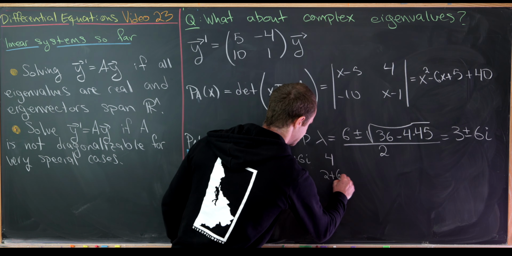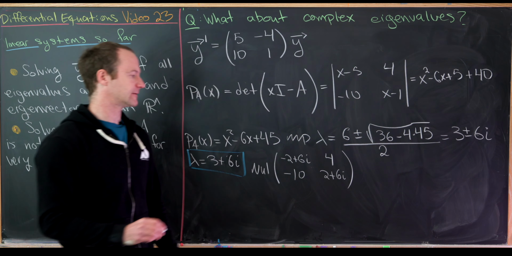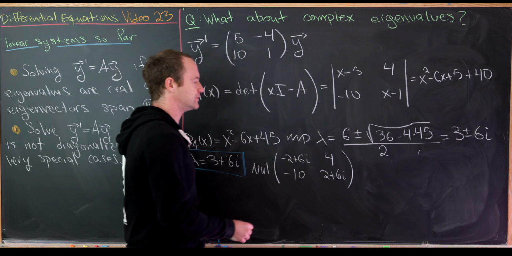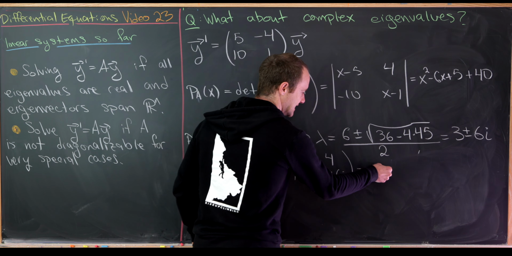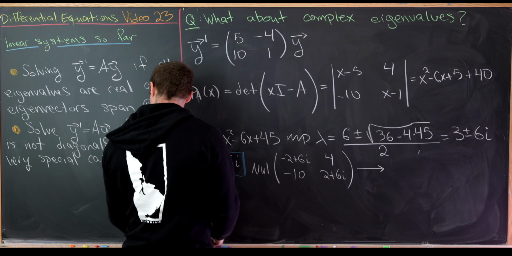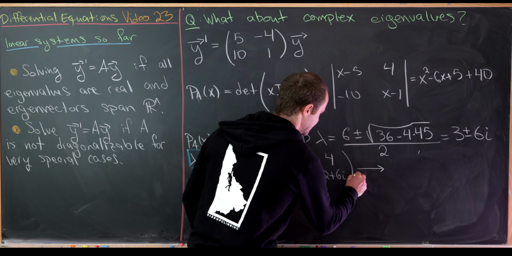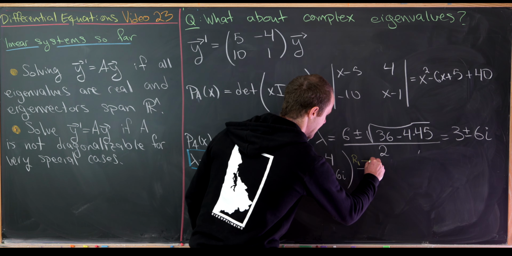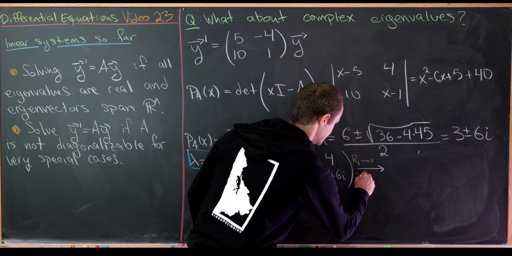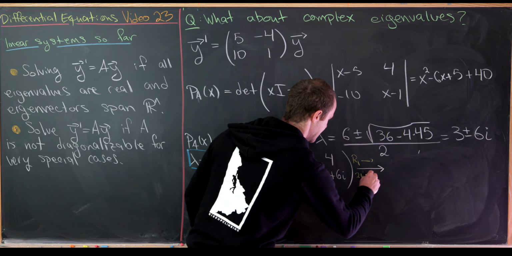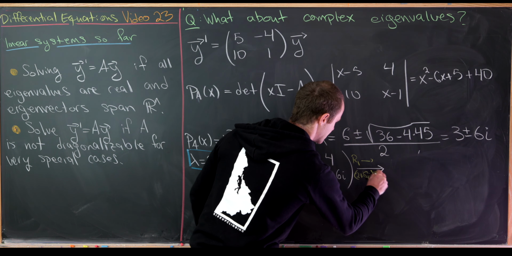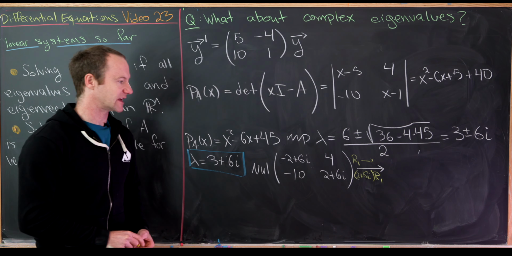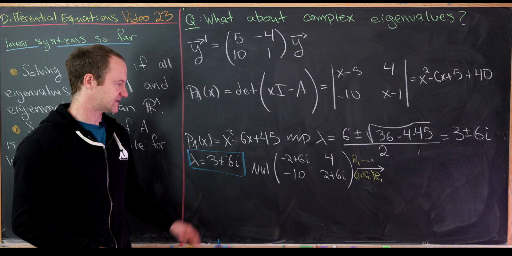Now let's simplify this matrix by doing some row operations so we can easily see the null space. My first row operation will be to take row 1 and replace it with 2 plus 6i times row 1. In other words, I'm just scaling row 1 by 2 plus 6i.